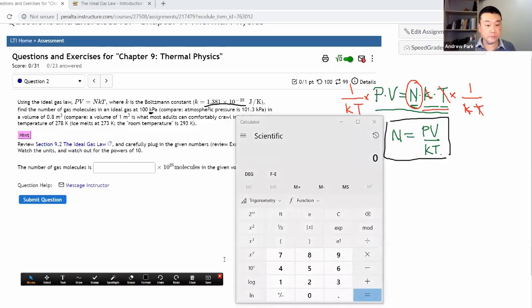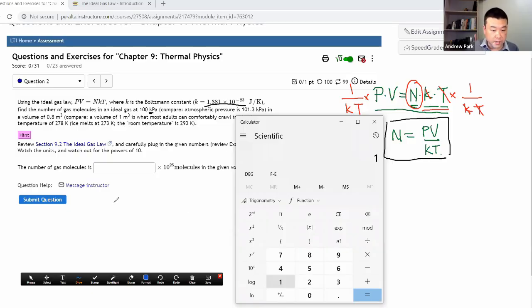All right, so pressure. The pressure we're given is 100 kilopascals. So I have to remember that I'm going to plug in all the numbers in the basic SI units. When I'm given numbers in kilopascals, I'm not going to plug them in as kPa, because then it's not a basic SI unit, so not everything will work out right.